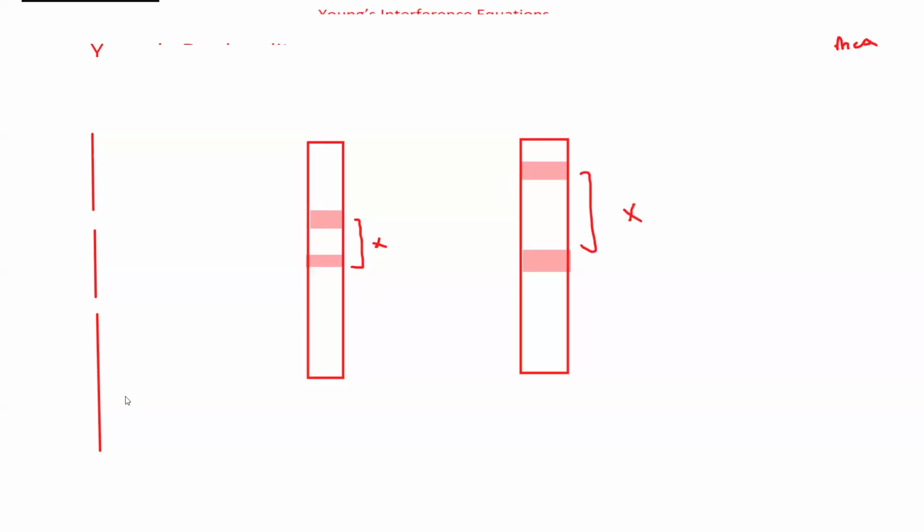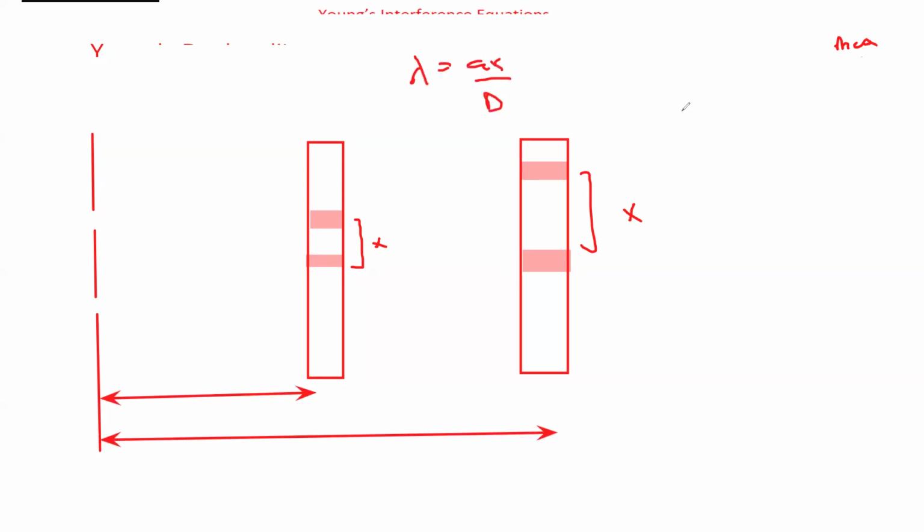This is a smaller distance, this one is a larger distance. So the value of X will increase, as we have the formula lambda equals AX divided by D, or lambda into D divided by A equals X. Both are in the numerator, so if the value of D is increasing, X will also increase.